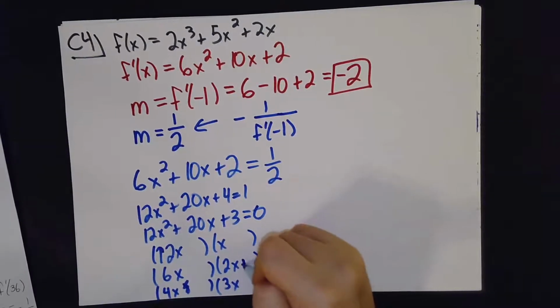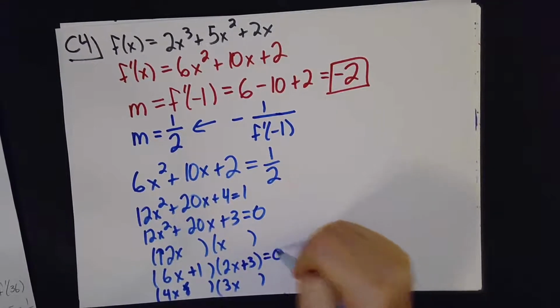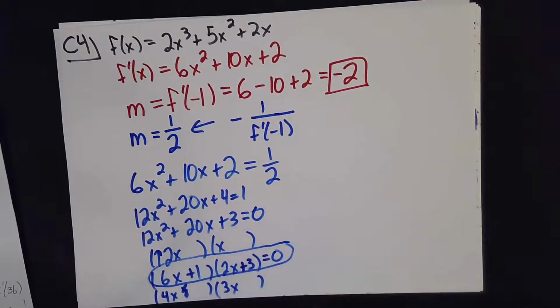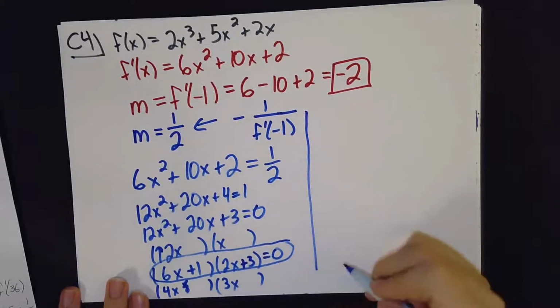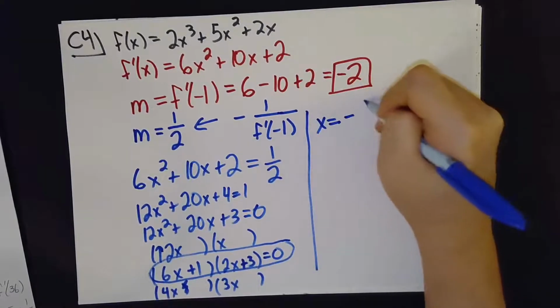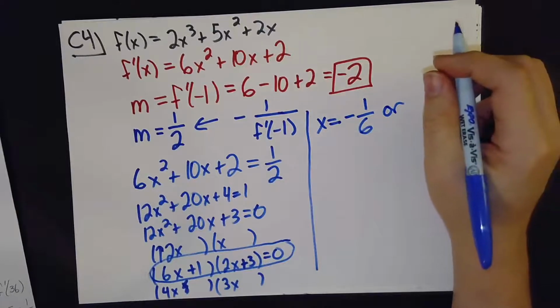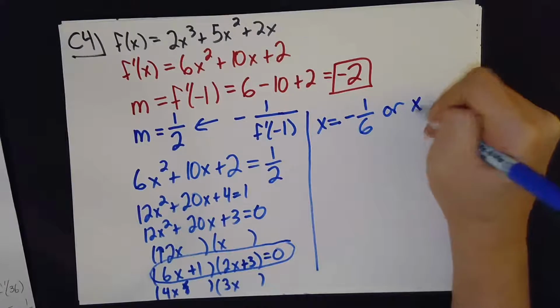But after a little bit of searching, I find this is the correct factorization. And so that will give me two values for x, minus 1/6 or minus 2/3. Sorry, minus 3/2.